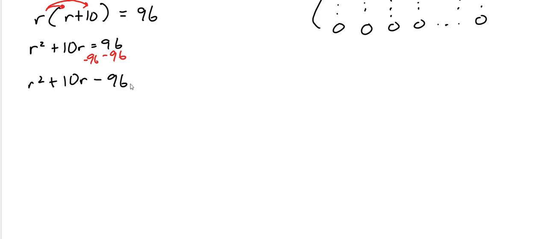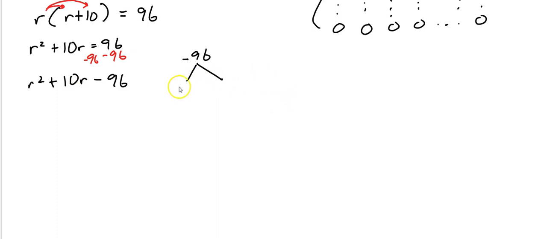We're going to do the little trial and error method. So I have negative 96. What times what is going to equal negative 96, but when I add it together, it's going to end up being positive 10? Obviously, it's not going to be 1 times negative 96.